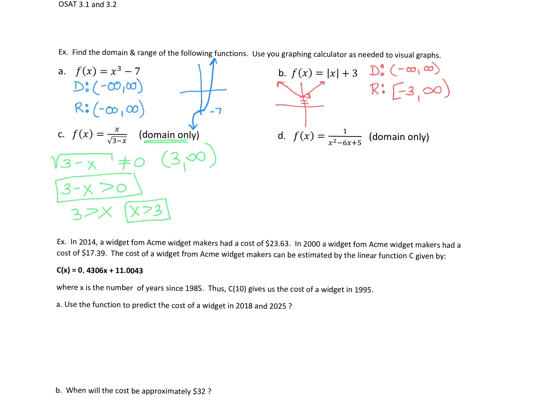For our last example, we do have division, and we know our denominator cannot be 0, so we're going to set it not equal to 0. In this case, we'll factor it, and we should get x minus 5 and x minus 1. And if we solve that, setting each one not equal to 0, we know that x cannot be 5 and x cannot be 1.